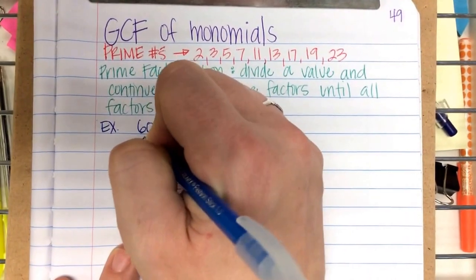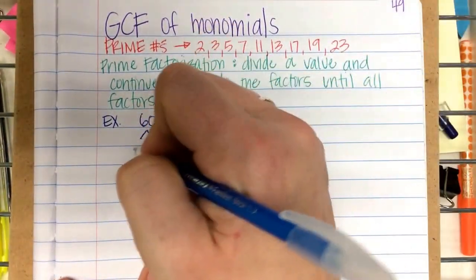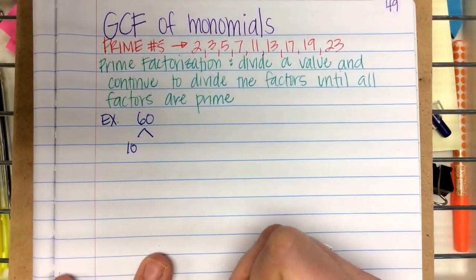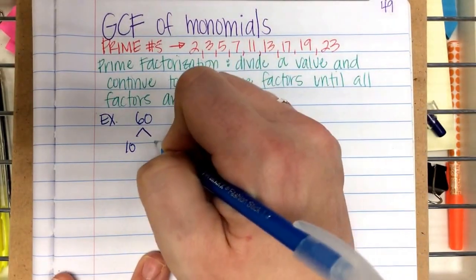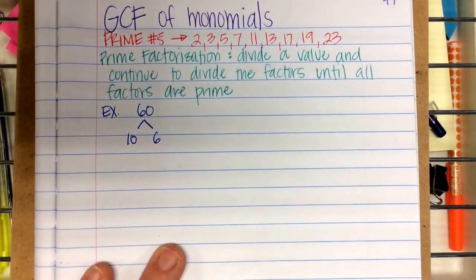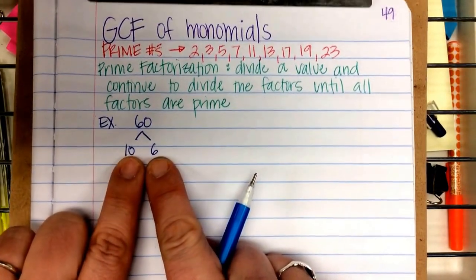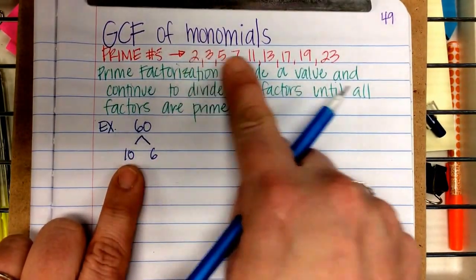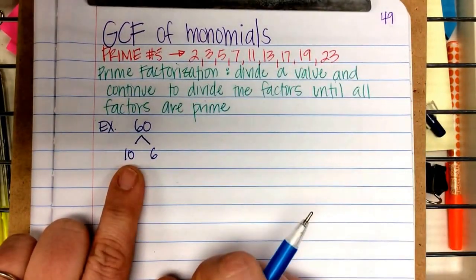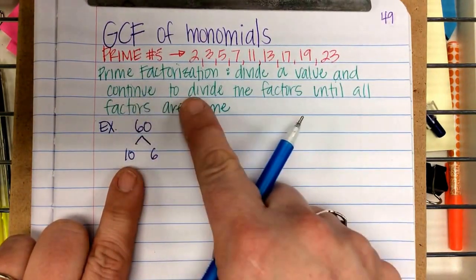If we went the 10 route, 10 times what is 60? 10 times 6. And I look, are either of these numbers prime? No, so I can continue to divide.